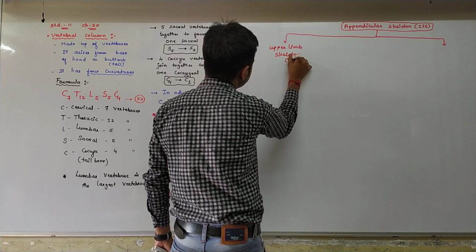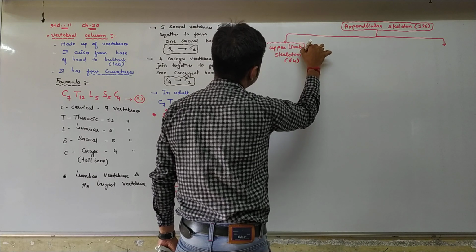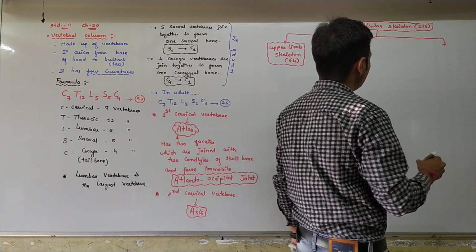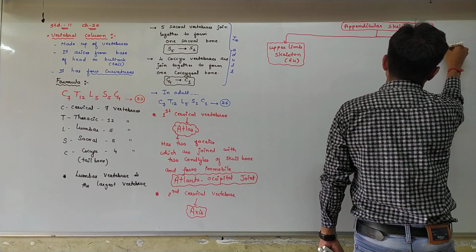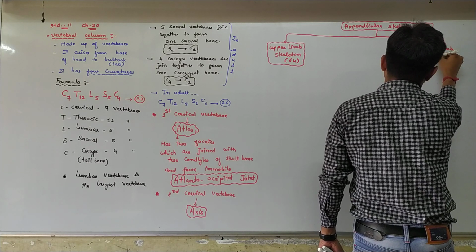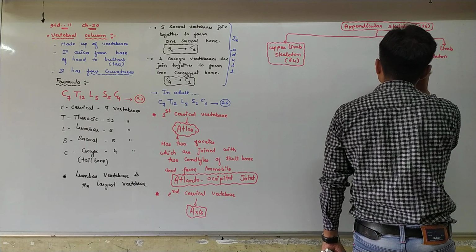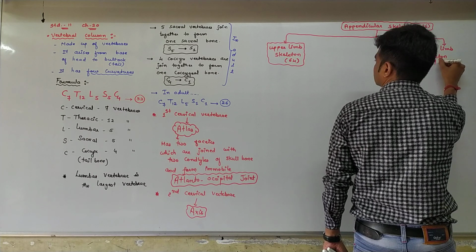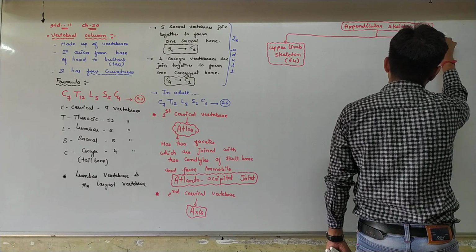Here 64 bones are there in upper limb skeleton. And in lower limb skeleton, 62 or 66 bones are there.